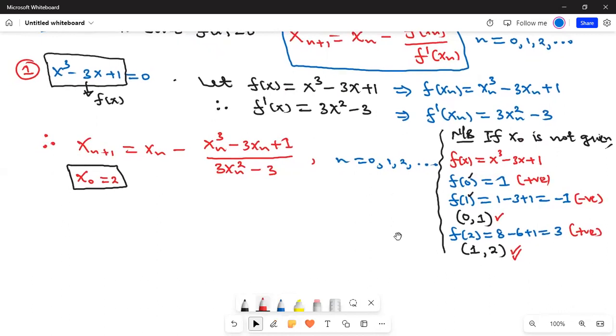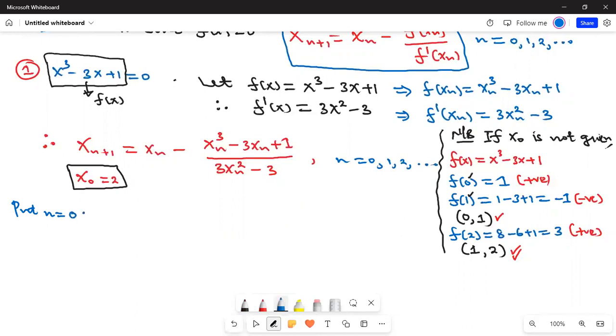I've now explained how to find x0. So let's go back here. If I put n is equals to 1, we are going to get not 1 but 0. We are starting from 0.